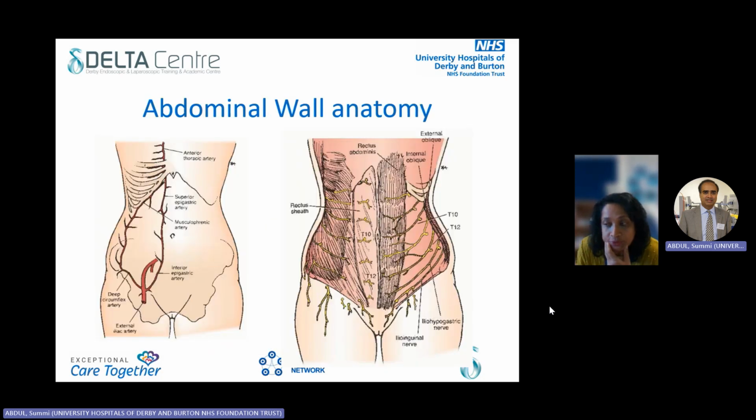Now, it is important that we understand where the major vessels lie because they would interfere with our incision planning. You don't want to have major bleeds because you've gone in with no understanding of major vessel routes. But similarly, nerve distribution is also important when determining your surgical procedure.